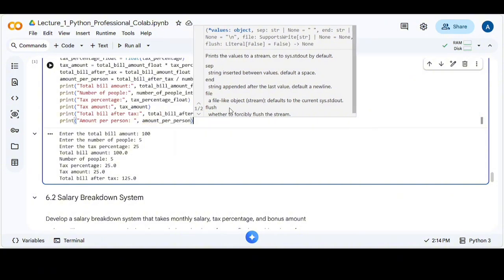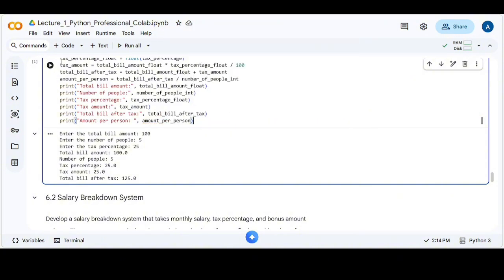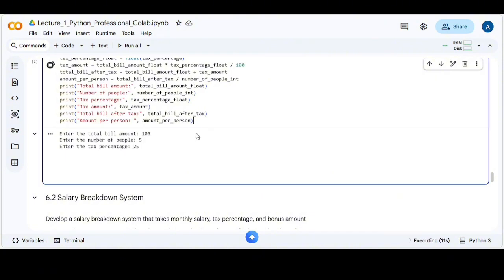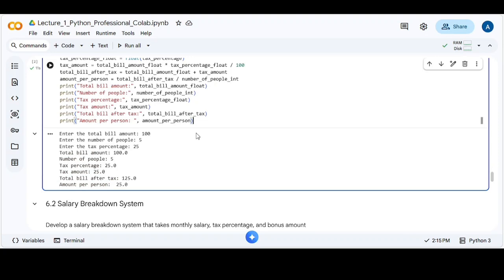That's it. So if we run it again, let's enter 100, let's enter 5, 25%, and that's what we get.